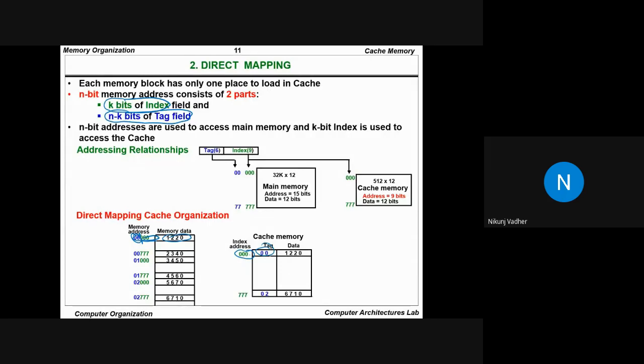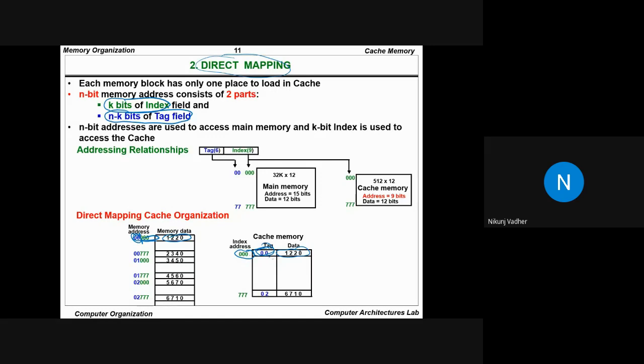So 000 is the index, and the content 1220 will be stored in the data part. This mapping technique allows us to store a larger amount of data. Why? Because here we use only 6 bits for storing the tag, while we can use more bits for content.